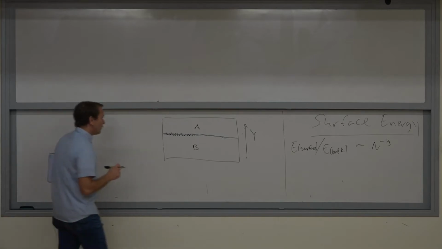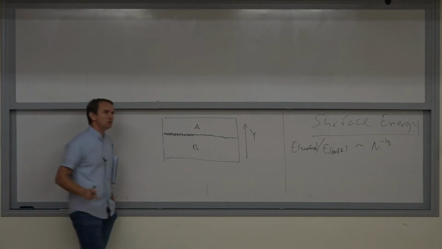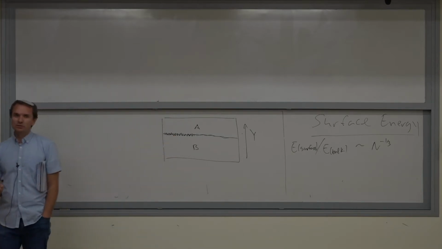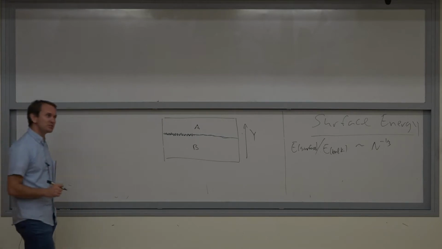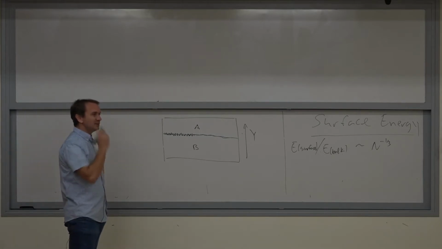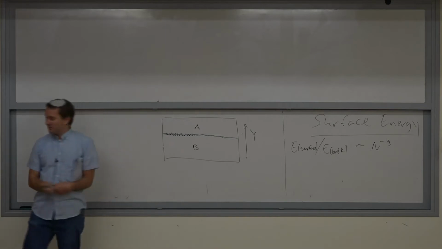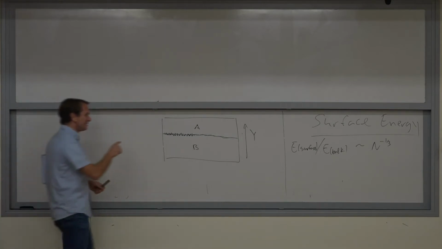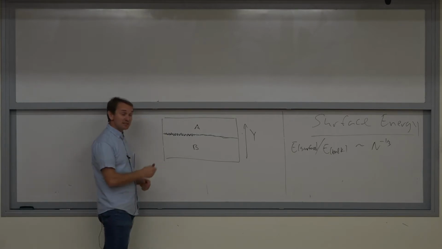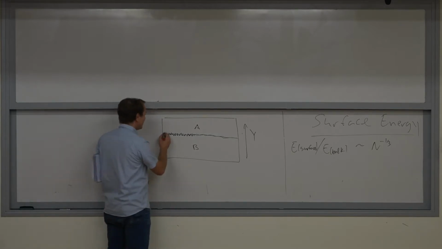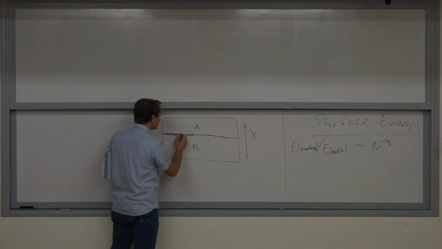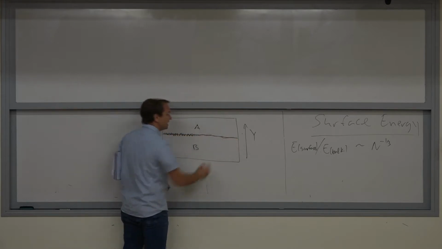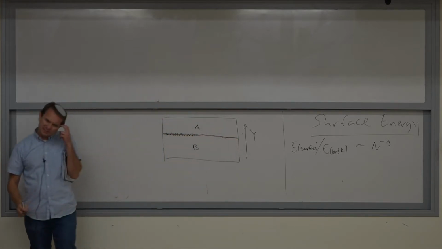Now, from a mathematical perspective, I don't want to deal with molecules at all. I want to deal with a bulk description, and it must be very continuous. So for mathematical description, what I want to say is that this surface that separates the two systems is just a surface. It has no volume whatsoever.